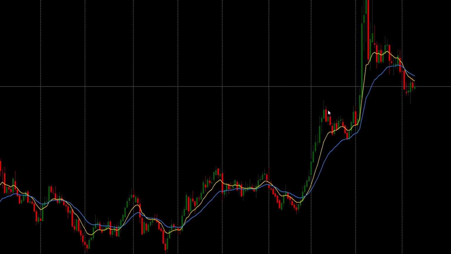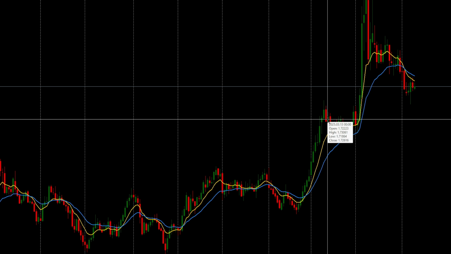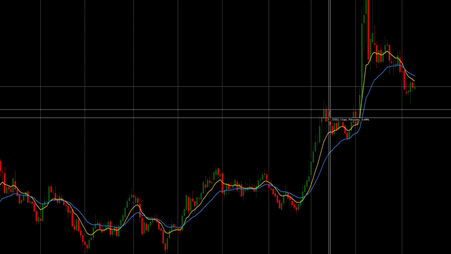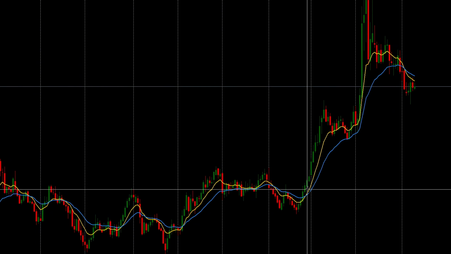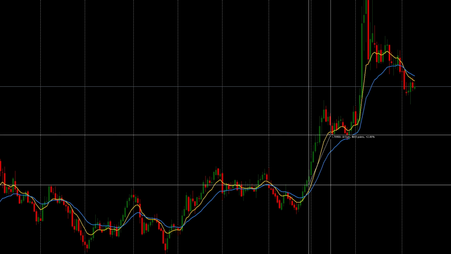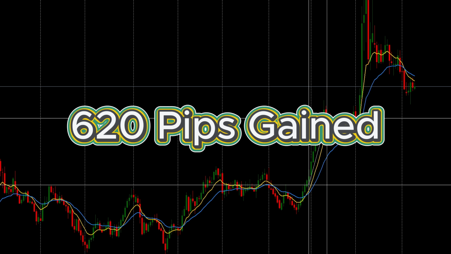So at the end of this green candle, we closed here, we would have entered at this point. The stop loss was right here. We would have lost only 76 pips on this particular day to the stop loss. So the 76 pips would have been the stop loss, but we would have gained, let's see, 620 pips on that particular move.